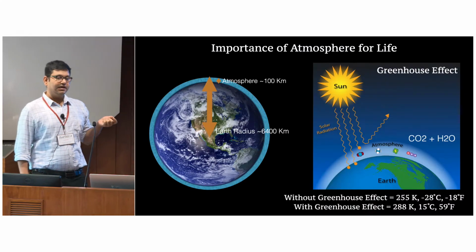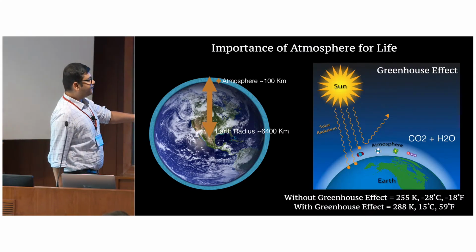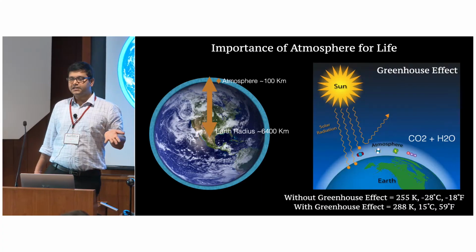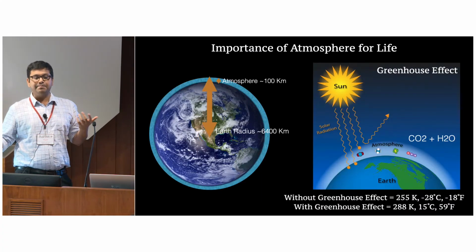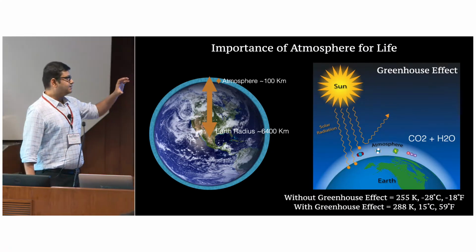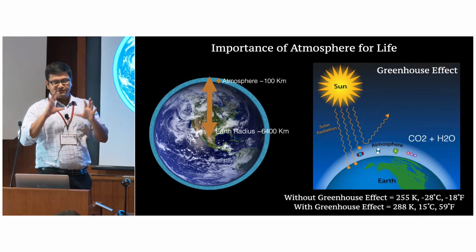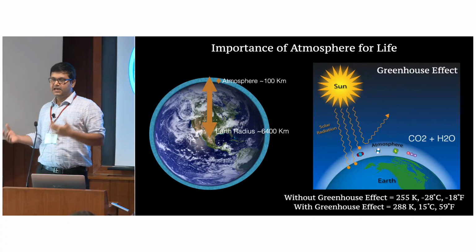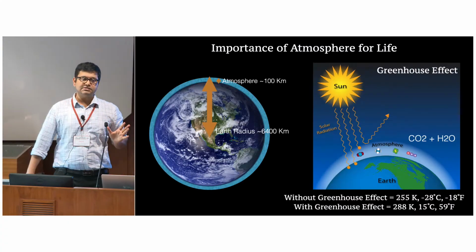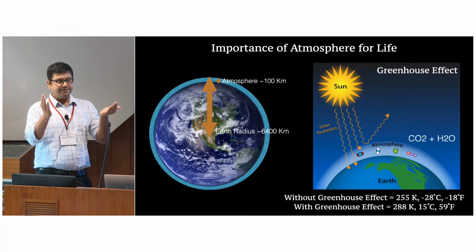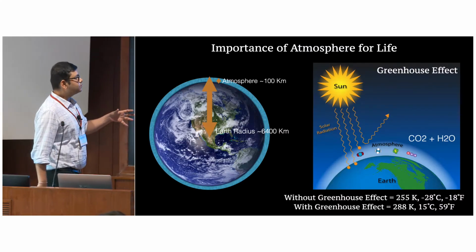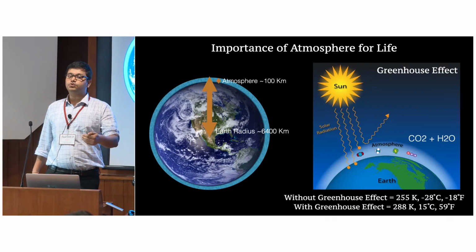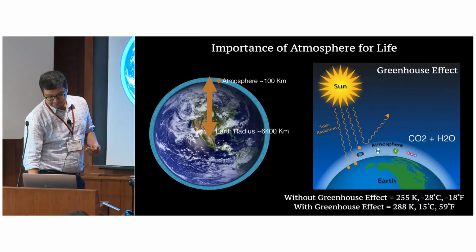Because if the atmosphere had not been there, first of all, there wouldn't be anything to breathe, and the other is the temperature would have been very low. So it is that thin layer of the atmosphere that first gives us the gas that we breathe and survive, each and every one of us, even the plants. And then it gives us that safety blanket of temperature on which life can evolve. Okay, so this is what the atmosphere is, and why it is so important for life.